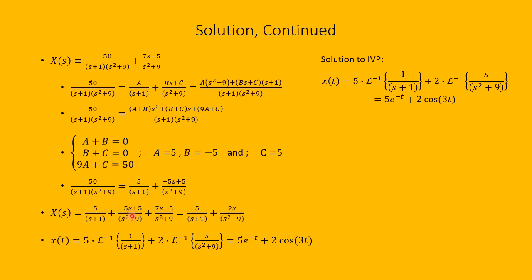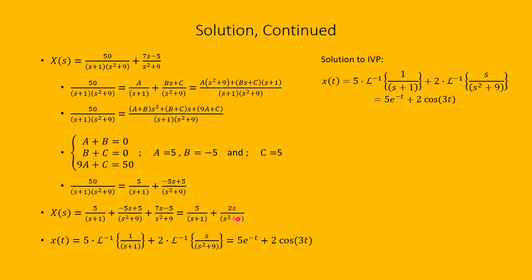And so these two fractions simplify to this fraction, 2s over s squared plus 9. So capital X of s, the Laplace transform of the solution to our initial value problem, equals the sum of these two fractions.